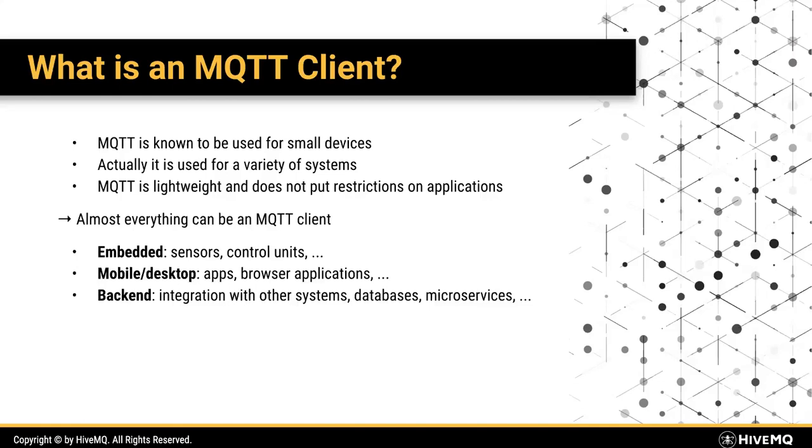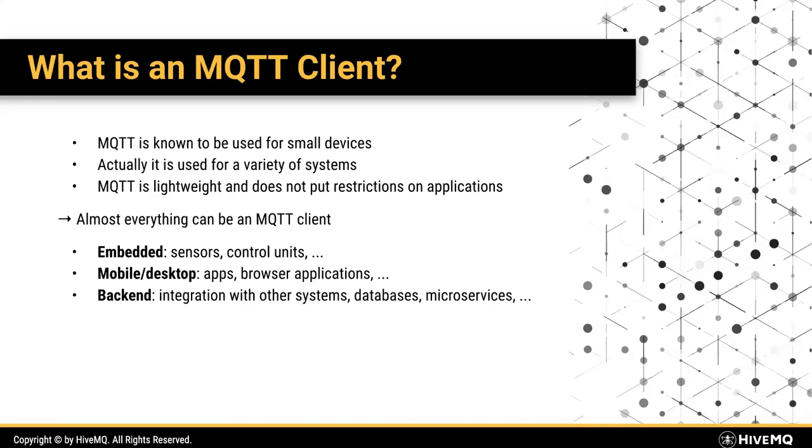Enterprise use cases often have a lot of different systems involved. You have the embedded systems like in cars, like small sensors, like control units, but you also have backend systems that integrate a lot of other systems and act as the central data hub.